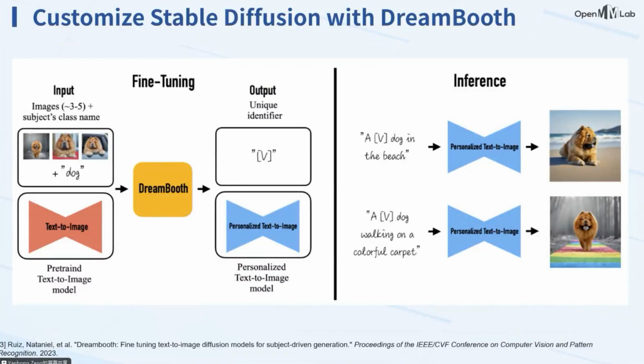And customized stable diffusion is another hot topic in image generation. Customized stable diffusion aims at providing 3 or 5 personal photos and then fine-tuning the model to generate the specified concept in a new context.